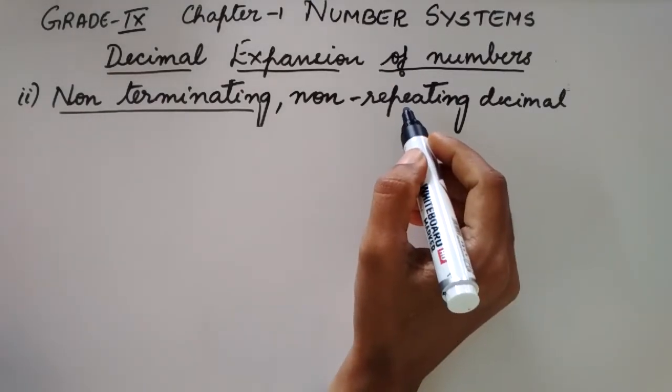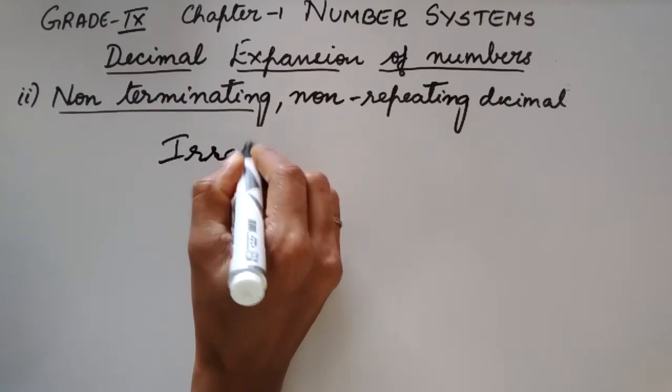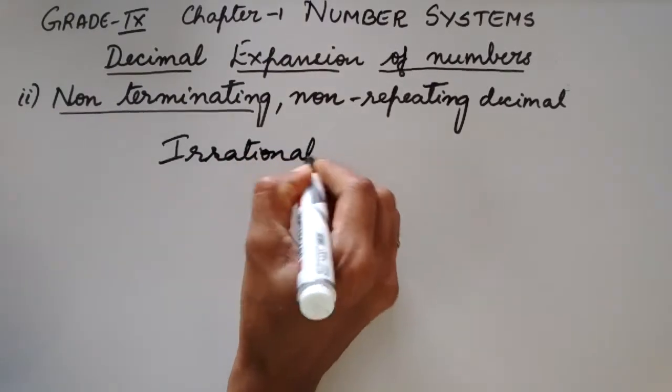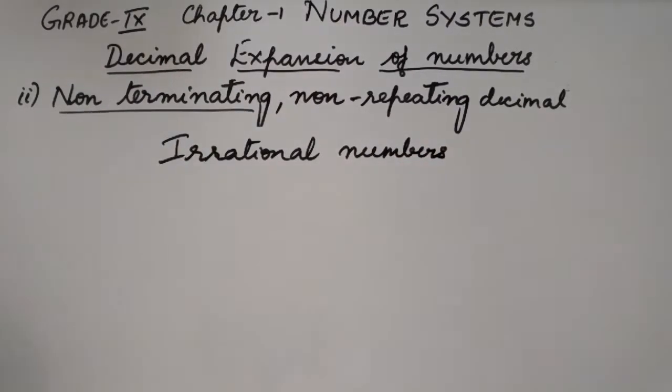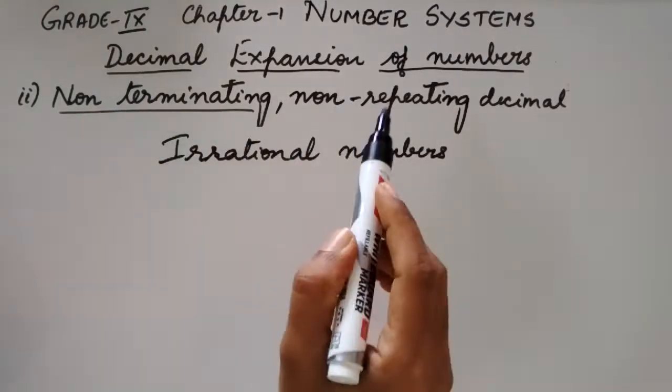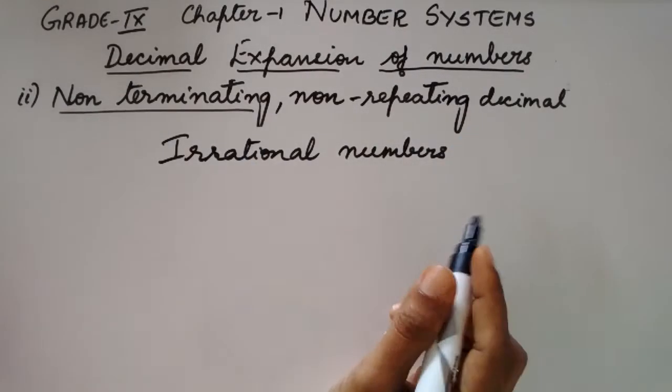These types of numbers are called irrational numbers. The first type, terminating decimal, and the non-terminating repeating decimal were rational numbers, but non-terminating, non-repeating decimals are irrational numbers.